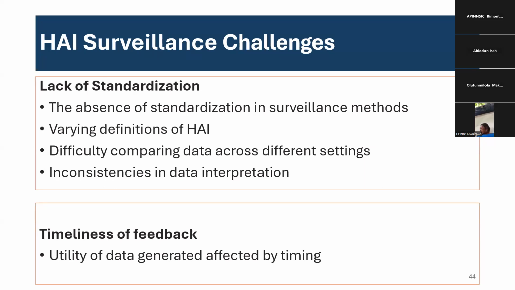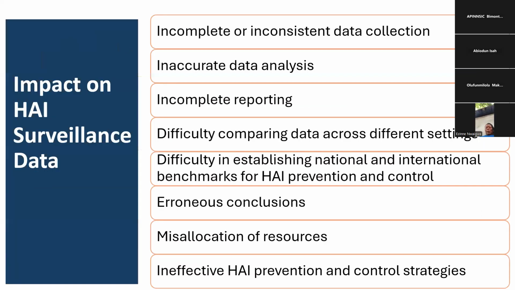So those challenges actually result in inaccurate data collection and analysis, incomplete reporting, difficulty comparing, and erroneous conclusions. So these are just the summary of what our challenges are, resulting in HAI surveillance data collection.